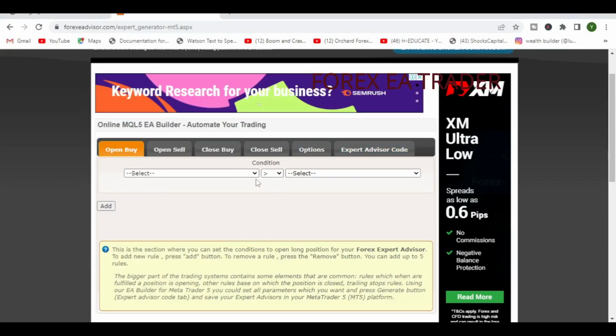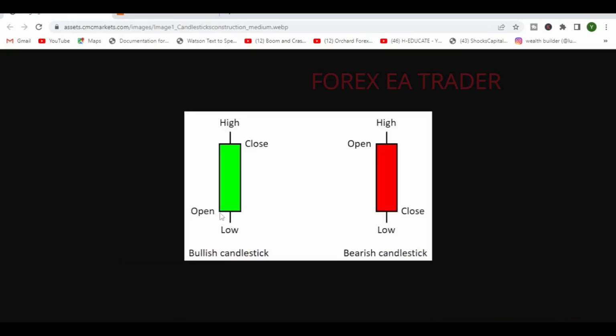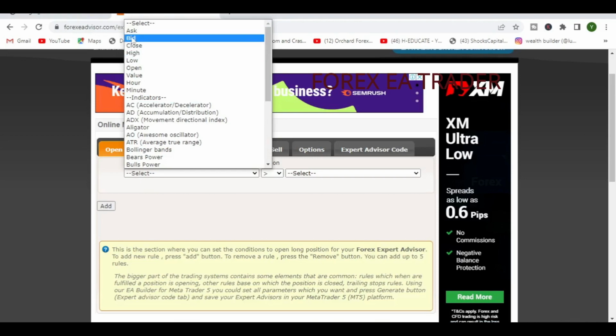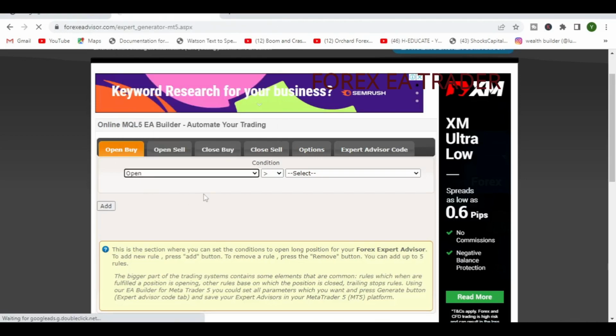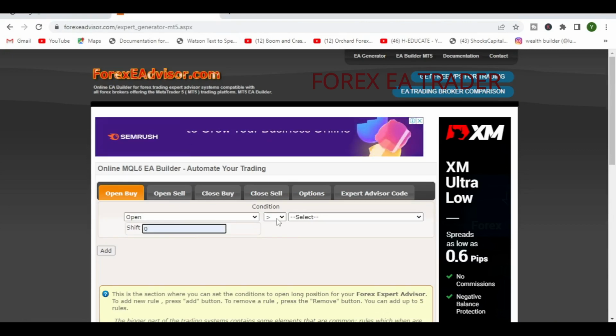To open a buy using that, we are going to be using bullish candles, and we said a bullish candle has an open which is below the close. So we are going to have an open price. The open price needs to be, we are just going to be using shift 0.